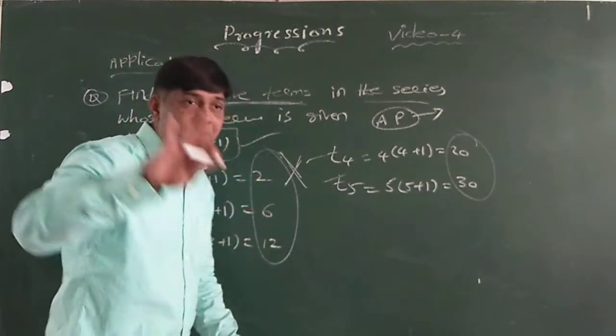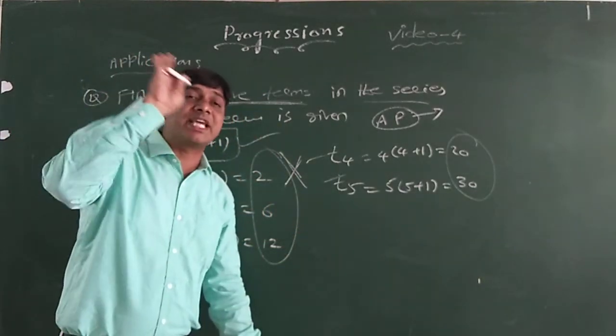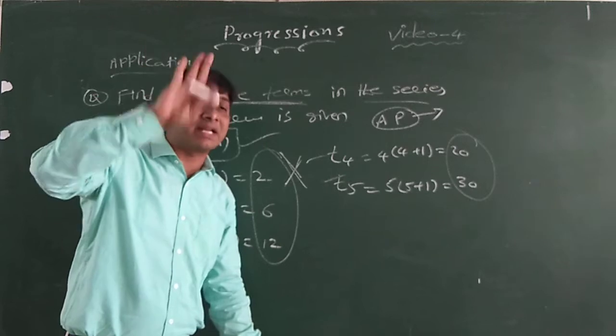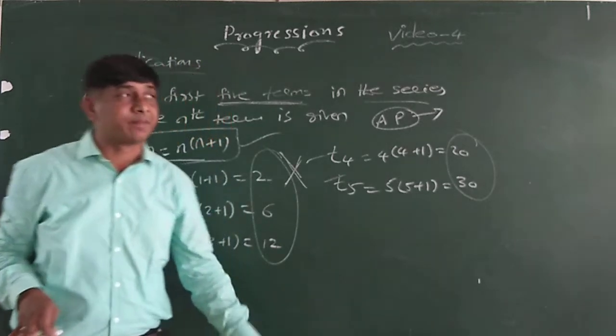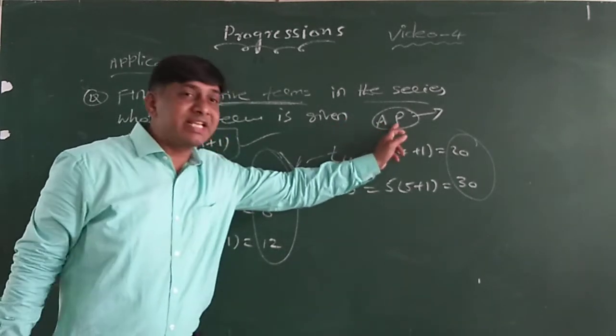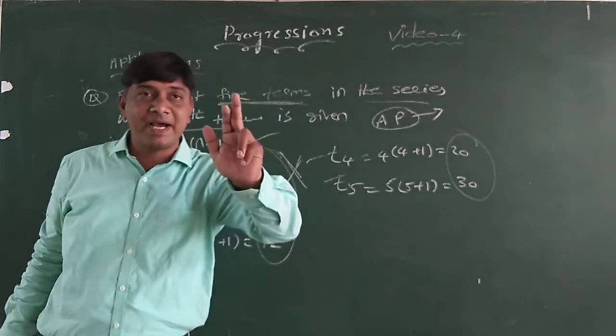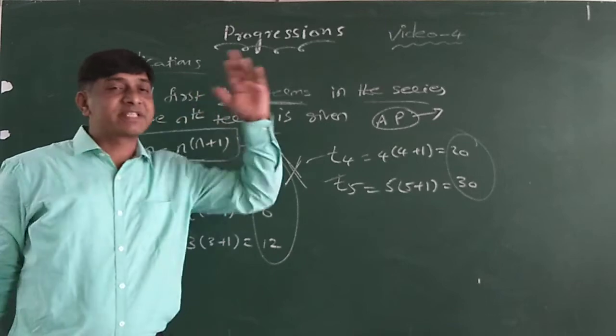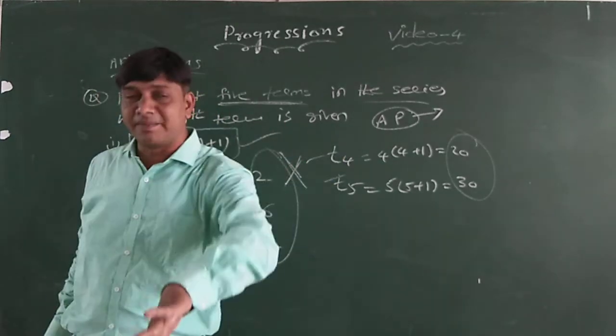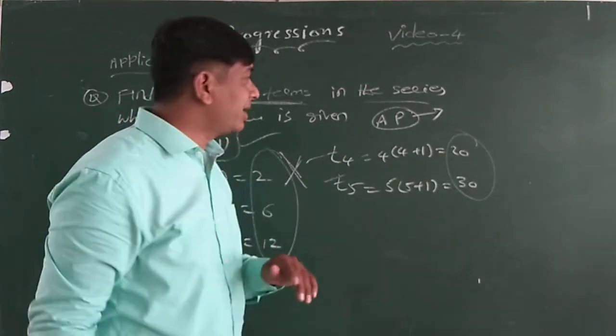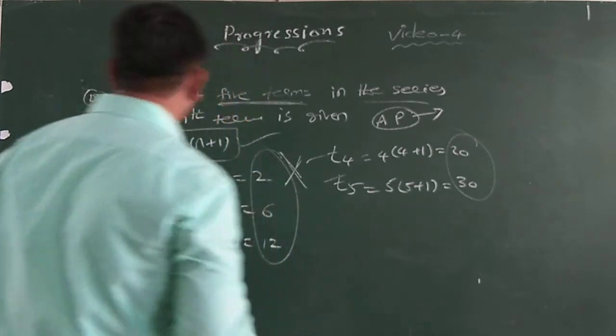The progression definition: a sequence which follows some pattern is called a progression. An arithmetic progression is a sequence obtained by adding a fixed number to its preceding term except the first term.